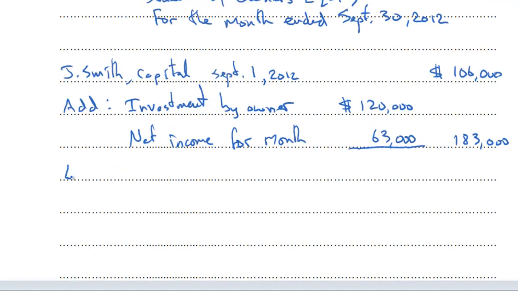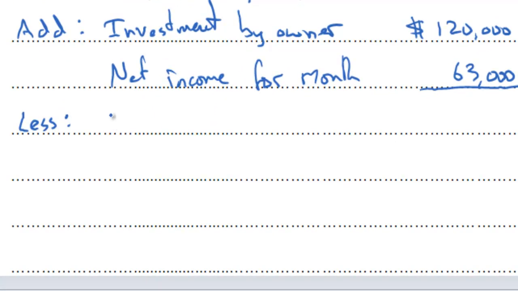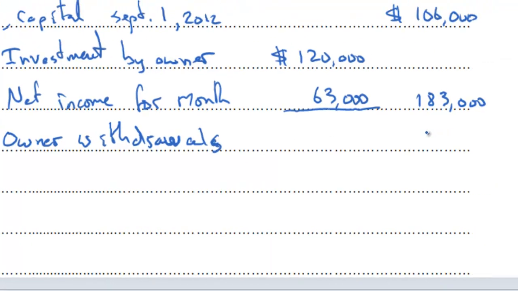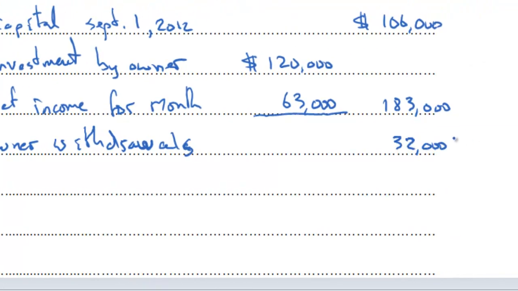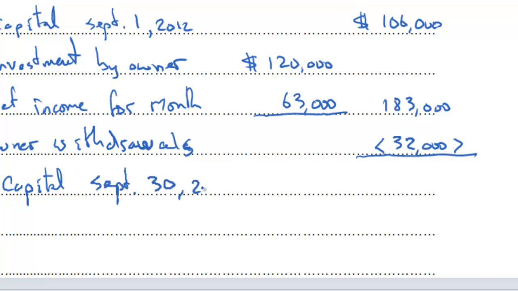And so we're going to say less owner withdrawals. That's a W in there. All right, so less owner withdrawals, 32,000, and I'm going to denote the decrease, the negative amount, by putting brackets around it. And now we can add up that column to get J. Smith Capital, September 30th, 2012.